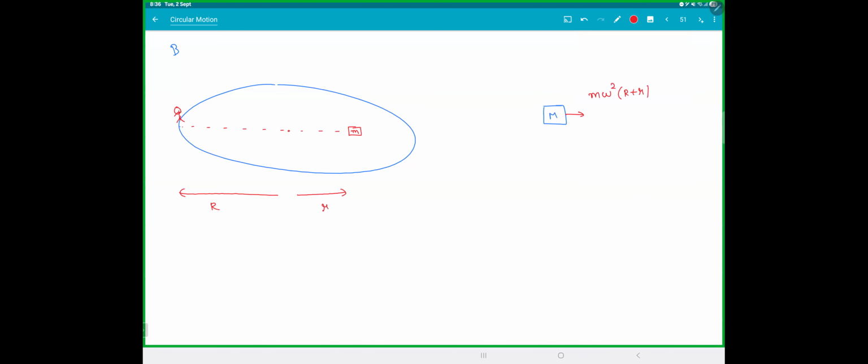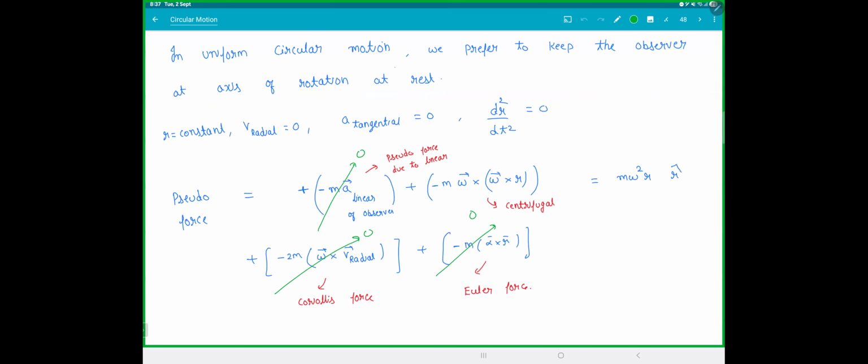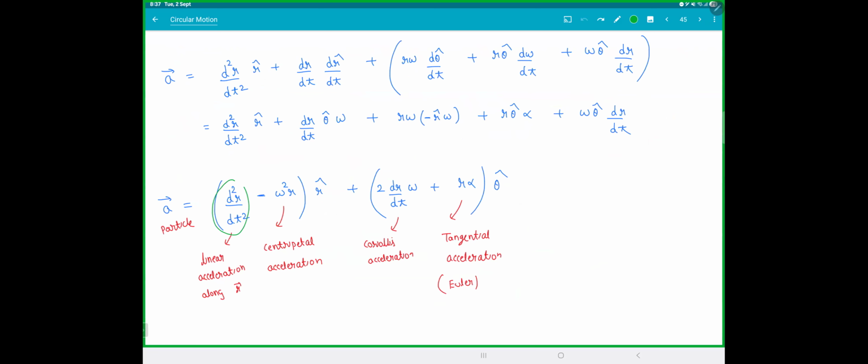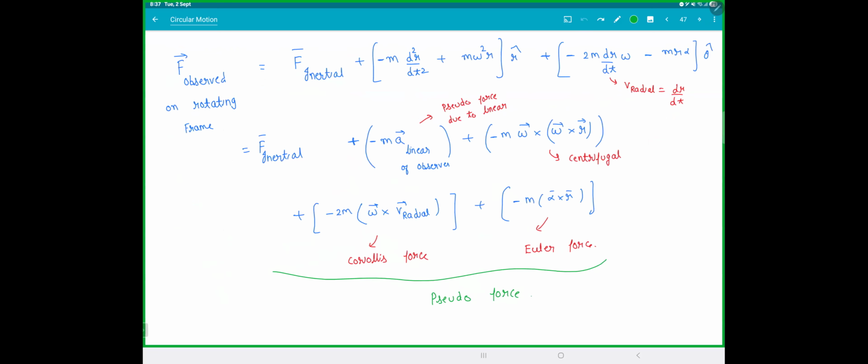So this is m omega square (r plus R), my centrifugal force, because I'm in a rotating frame. Plus, I myself have some acceleration, which is omega square capital R. This is the centripetal acceleration of the observer. So this acceleration will give you one more pseudo force, the linear pseudo force term, d square R dt square, the acceleration along the line joining them.